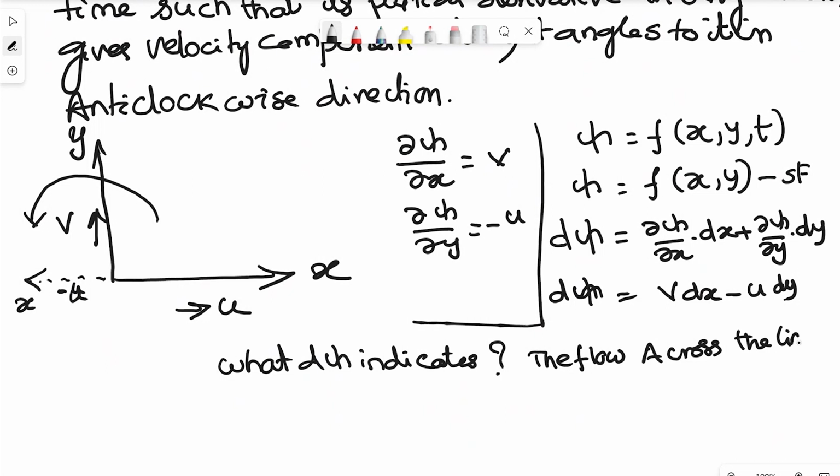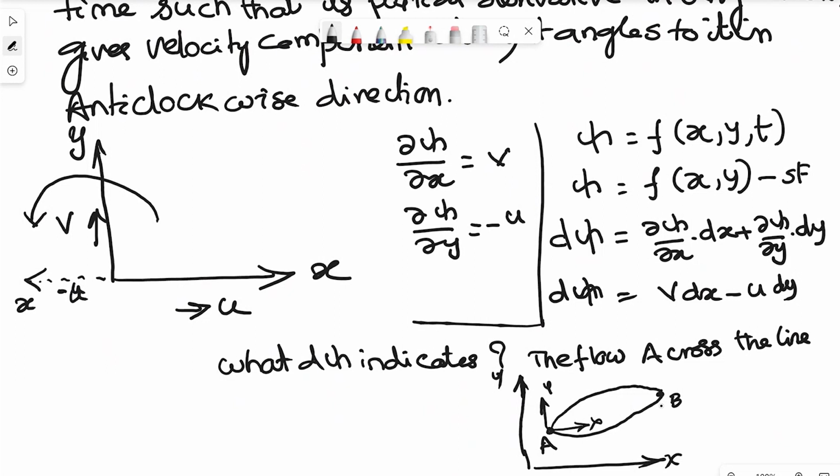For example, this is the x-axis and this is the y-axis. Suppose there is a point here, which I take as A, and another point B. Point A is x, y, and naturally the coordinates of B are x plus delta x, y plus delta y, very near to it.